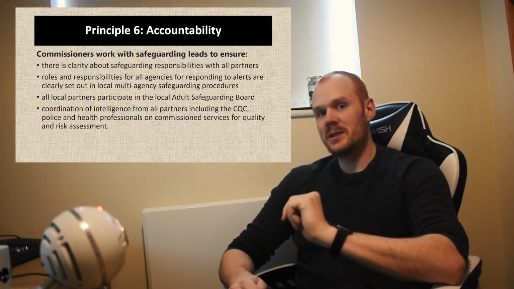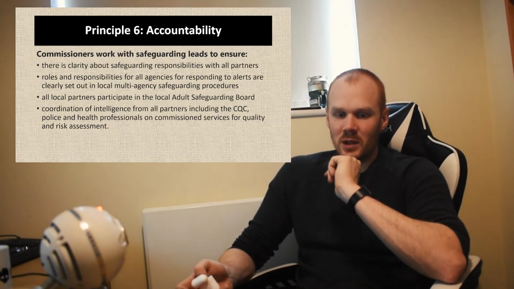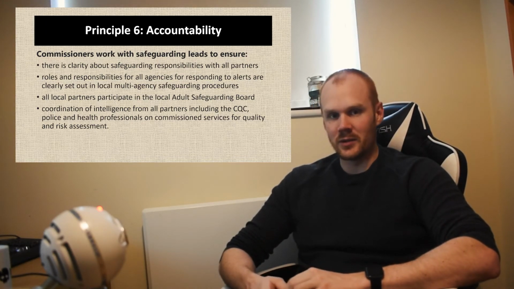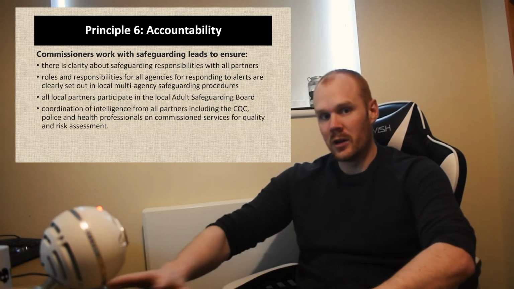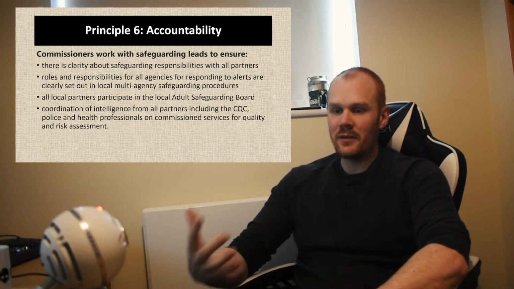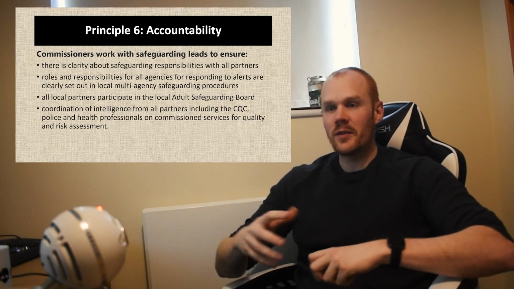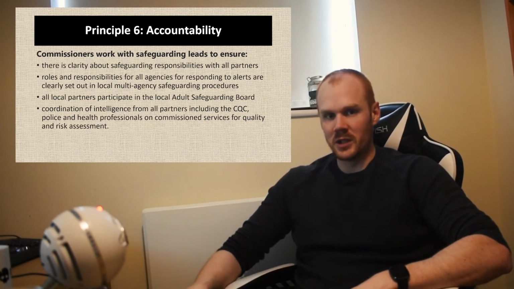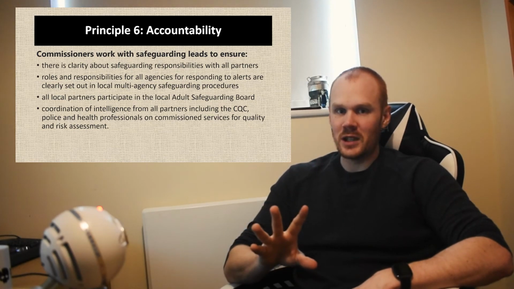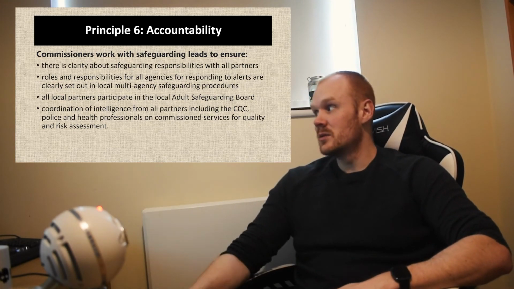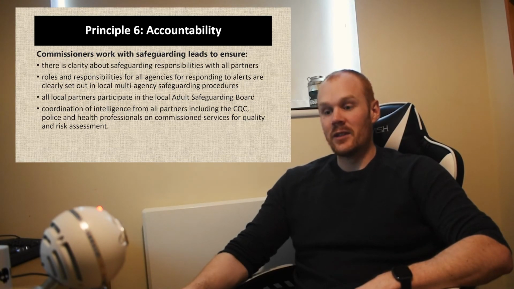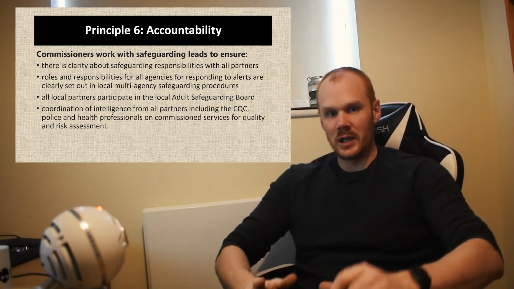If you don't have accountability, then essentially if someone is doing something unsatisfactory, that will never be called out. So you really want to make sure that everyone is aware of their roles, aware of their responsibilities, and aware who they are accountable to, so that if any abuse takes place, it has to be passed on to the relevant organisation, and that everyone is checking up on everyone else.